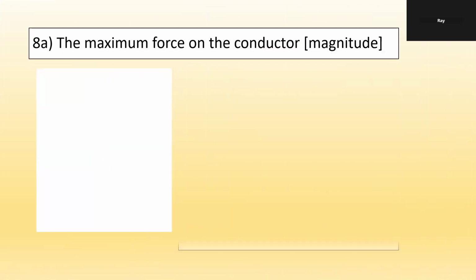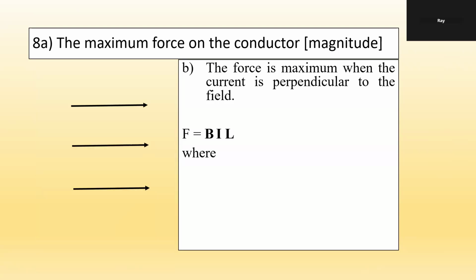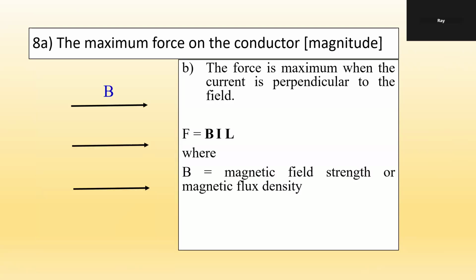Maximum force on conductor: force is maximum when the current is perpendicular to the field. It's given by BIL, where B is magnetic field strength or magnetic flux density. Your examiner tends to prefer magnetic flux density. Americans will just call it magnetic field.